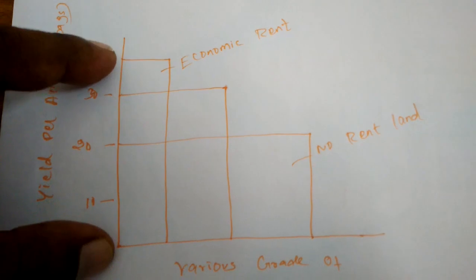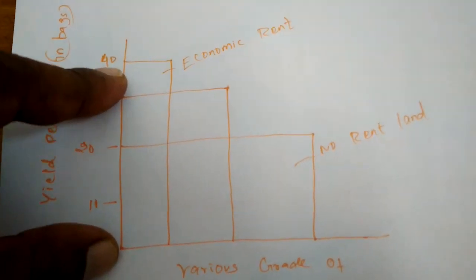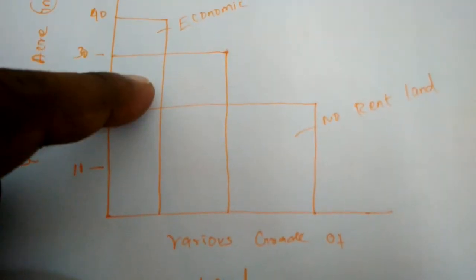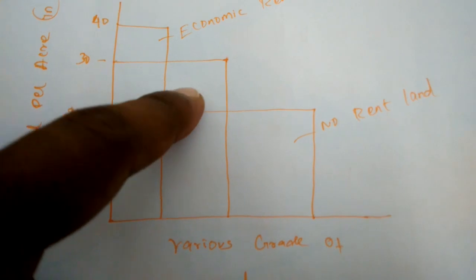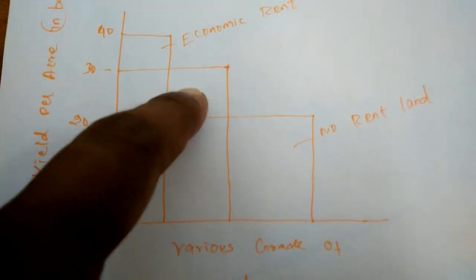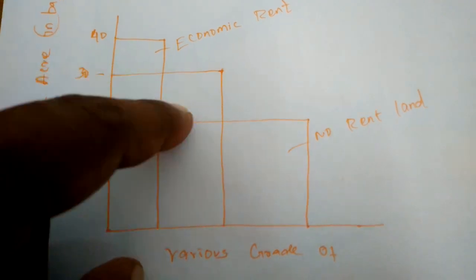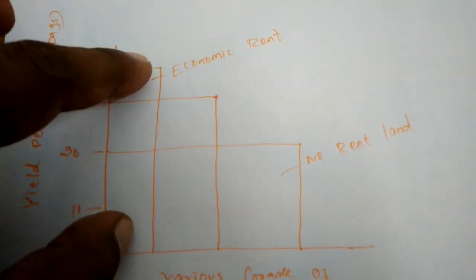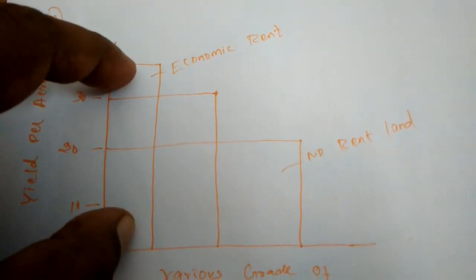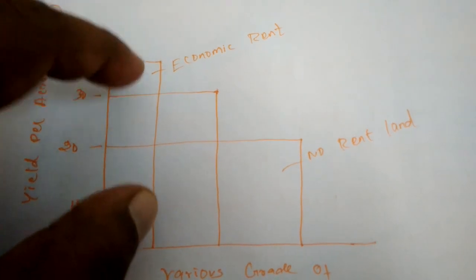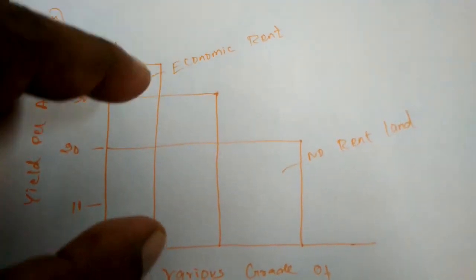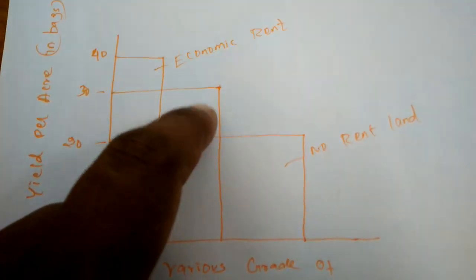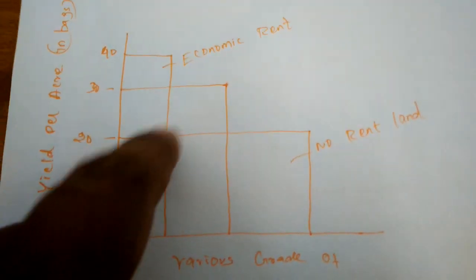The A grade land is able to produce 40 bags of paddy, and the B grade land produces 30 bags of paddy. So these two lands alone get economic rent. The 20 bags of paddy is the economic rent for A grade land, and the 10 bags of paddy is the economic rent for B grade land.